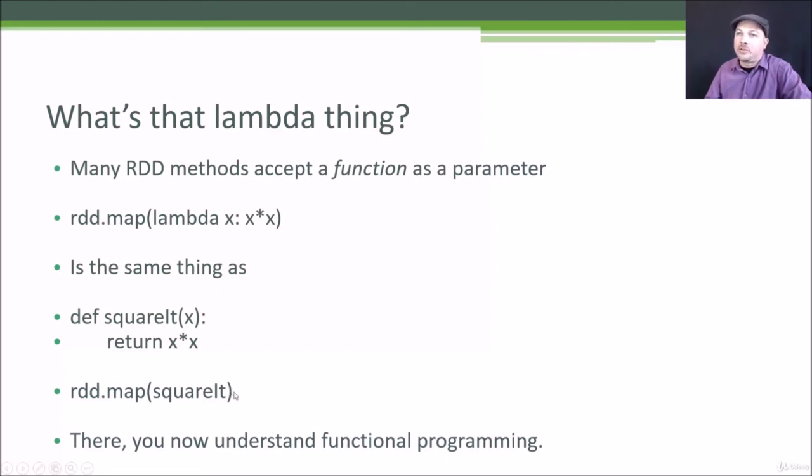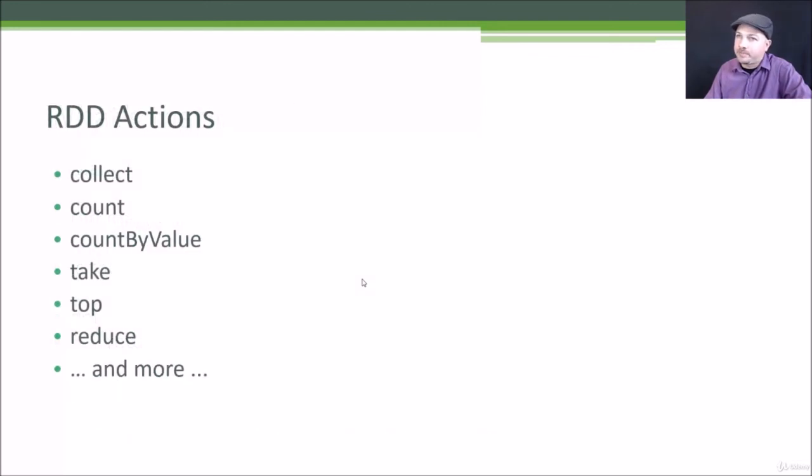It eliminates the need to actually declare this as a separate named function of its own. And that's the whole idea of functional programming. So you can say you understand functional programming now, by the way, but really it's just shorthand notation for defining a function in line as part of the parameters to a map function, or any transformation for that matter.